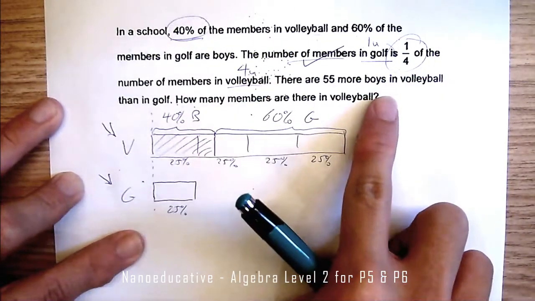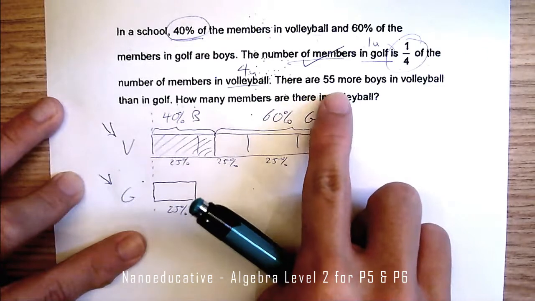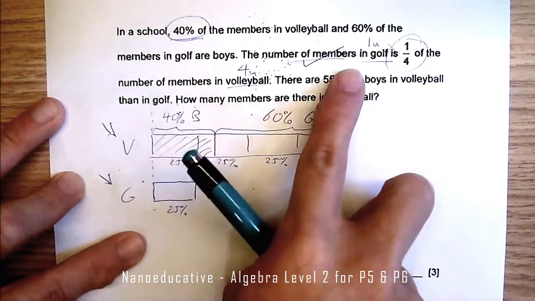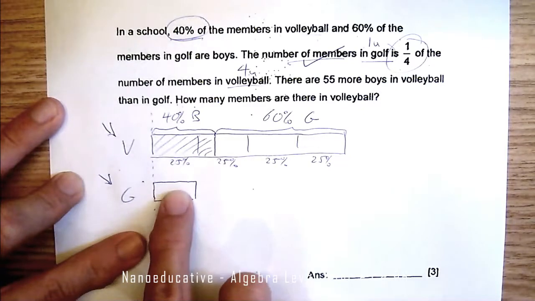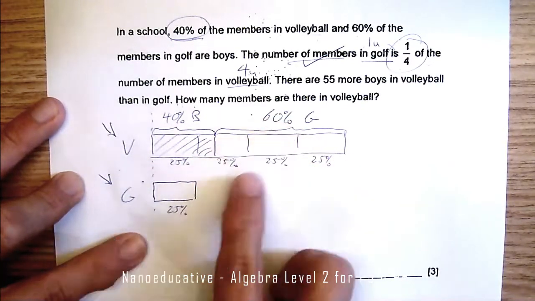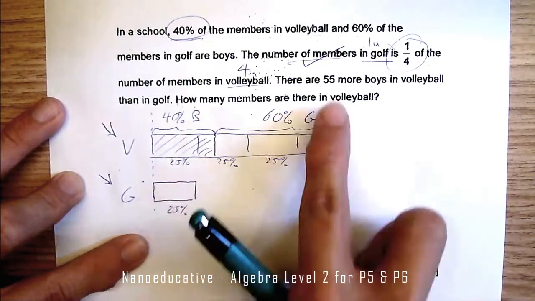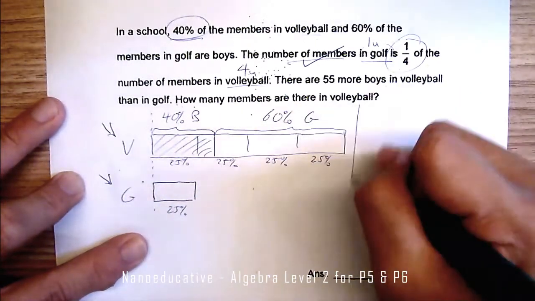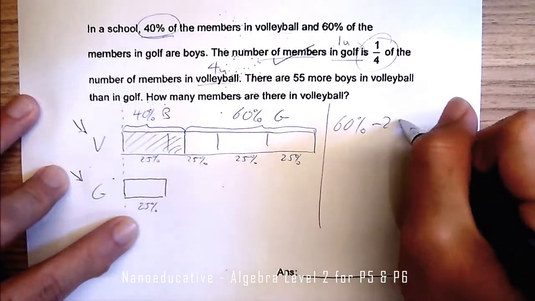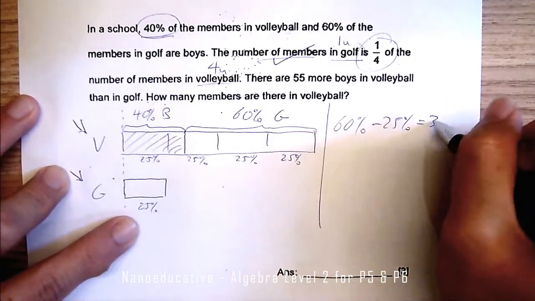Alright. Then they say that there are 55 more boys in volleyball here. This 60% is 55 more than this one. Okay, so now, do you see with this model? Since 60% is more than this 25% by 55, your working will be very simple, because you just do 60% minus this 25%, that will give us 35%.